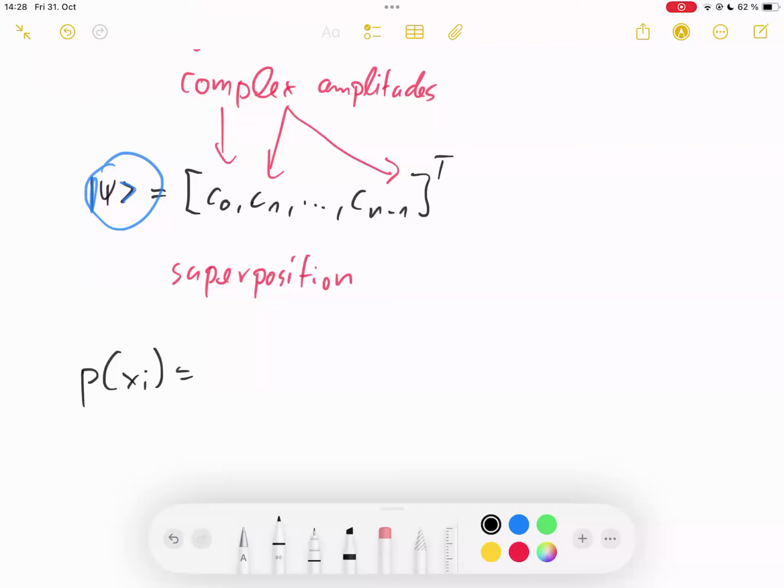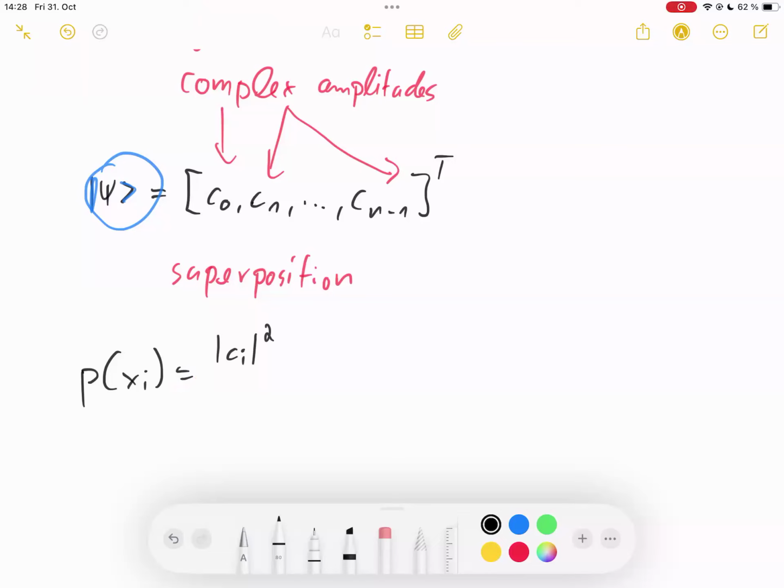And what we want is something like, we look at the complex amplitude Ci and take its modulus squared. That's what we want to use to determine the probability of finding the particle at that point, xi, after doing measurement. But this may not be normalized.